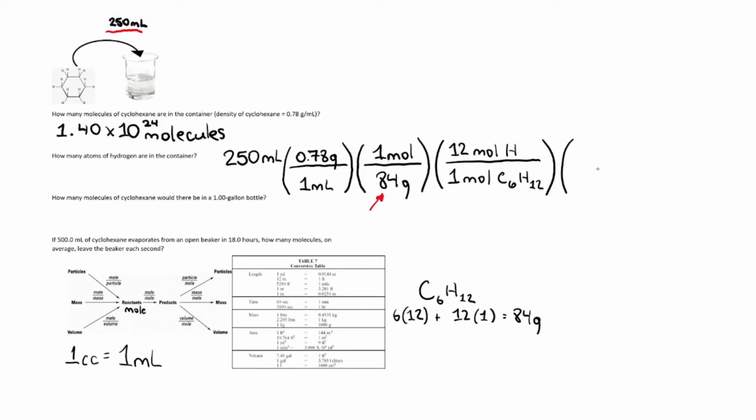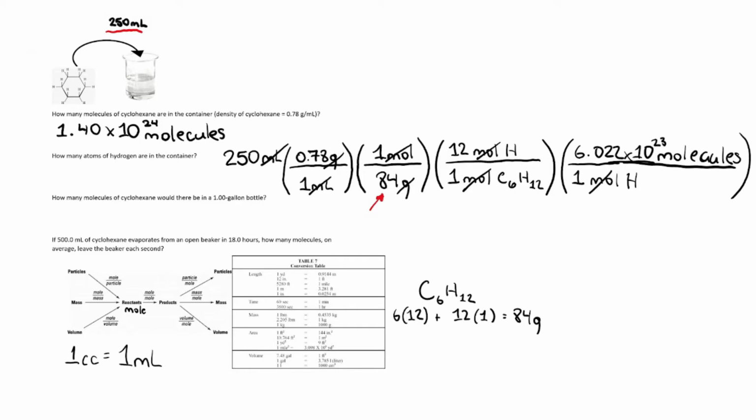Okay. Now that we are in moles of hydrogen, we can go into molecules of hydrogen by using Avogadro's number, 6.022 times 10 to the 23rd molecules. Why can't I write molecules today? Molecules. Okay. Now we can go through and we can cancel units. Milliliters cancel out, grams cancel out, moles cancel out, moles again cancel out.